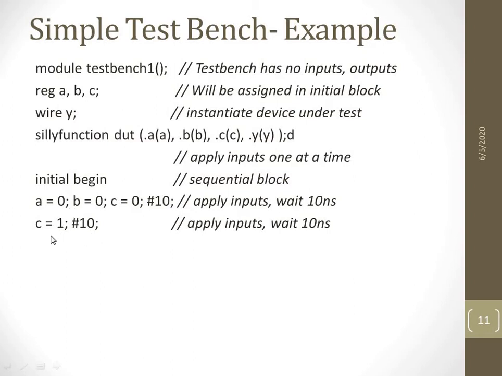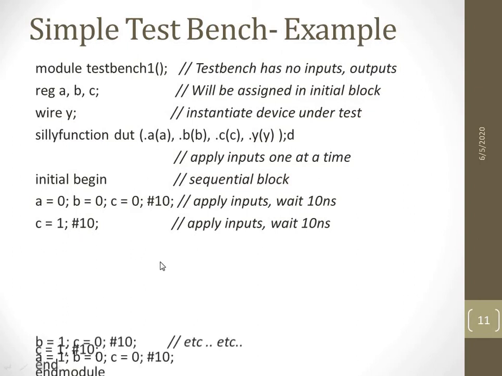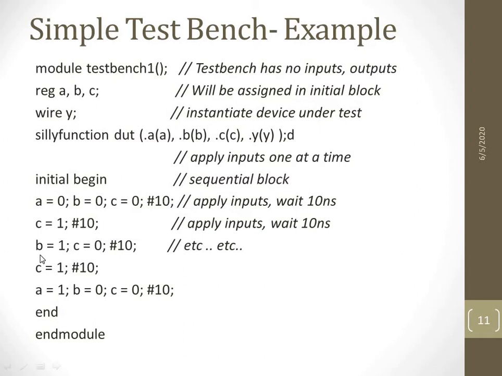A will be maintained at 0, B also will be maintained at 0, but only C is changed, and then it will further wait for 10 more nanoseconds. Similarly, here again, A will remain the same, C is 0 and B is 1, asked to wait for 10 nanoseconds. So likewise, I can give any number of stimuli and ask to wait for 10 nanoseconds.